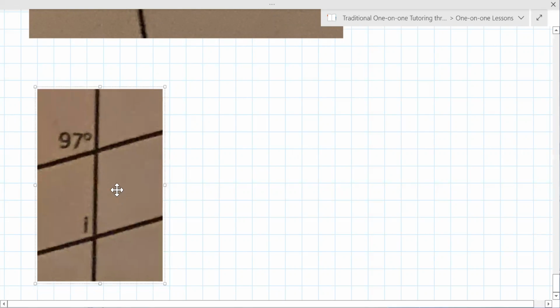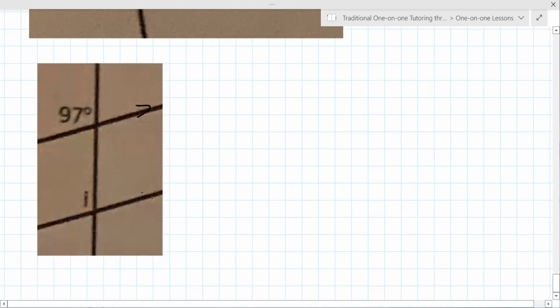Okay, I like that. All right, we're up to I. So these are parallel. When you've got two parallel lines, you're in that parallel lines grouping of questions.